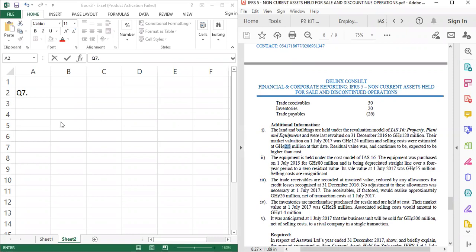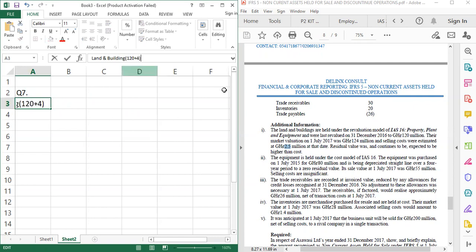So what you do is that you come and have your land and building. The new value will now be what? The old value is 120. We revalue it before we classify, so it will be 120 plus 4, which is now 124.